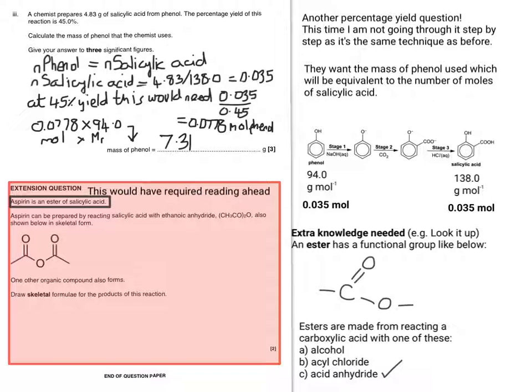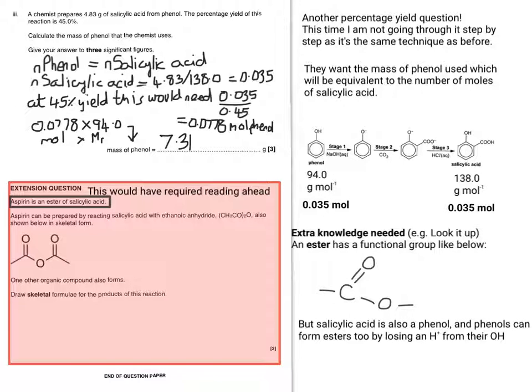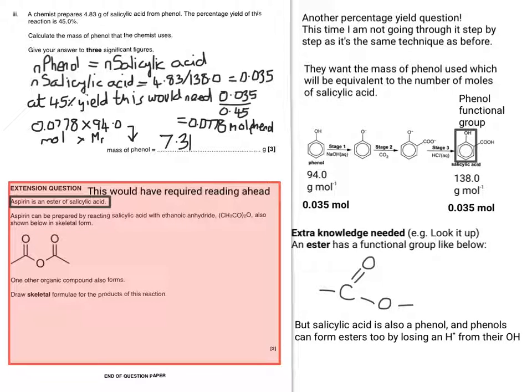If you think about it, salicylic acid can also be classified as a phenol. And phenols can also form esters by losing an H plus from their OH group. So you can see the phenol functional group in salicylic acid can also react at the OH and not just at the COOH.